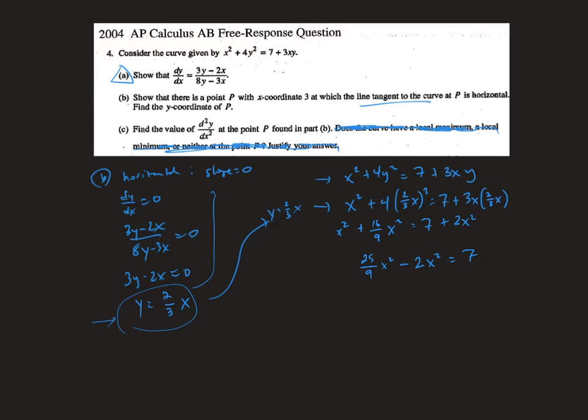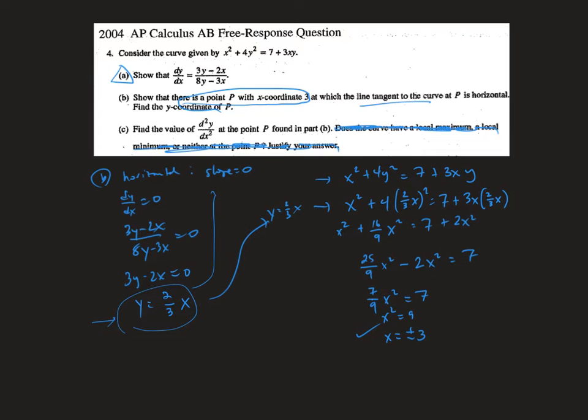So that would give me 7/9 x squared equals 7. Multiply both sides by 9/7, I get x squared equals 9. So x could be positive or negative 3. So what I've proven right there is that there is a point with x-coordinate of 3. The negative 3 is there too, but the 3 I've proven actually has a horizontal slope.